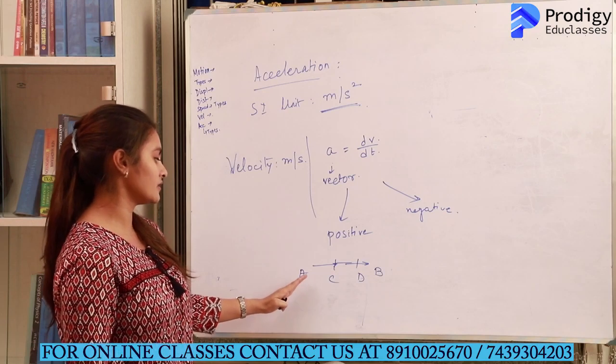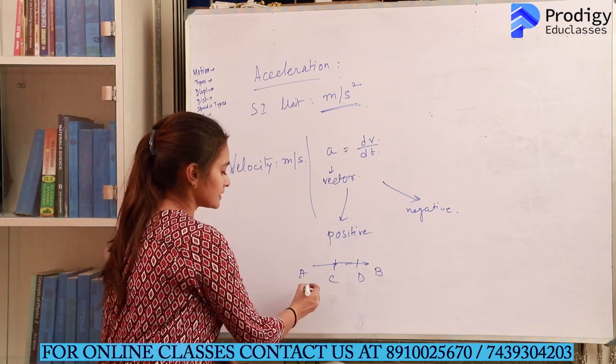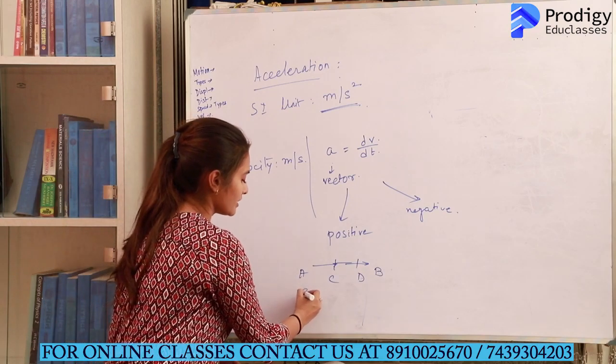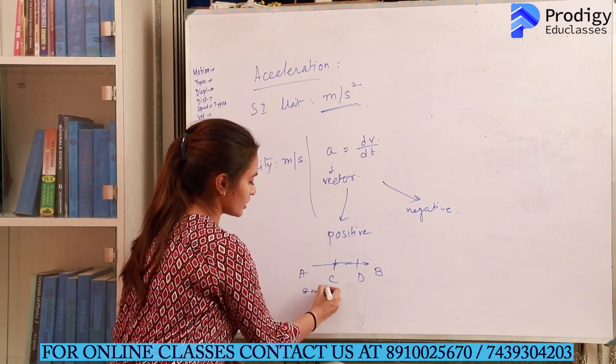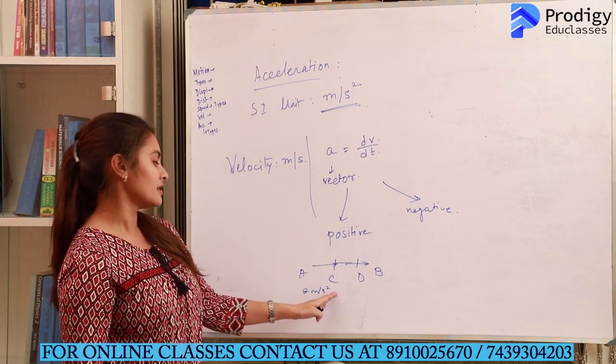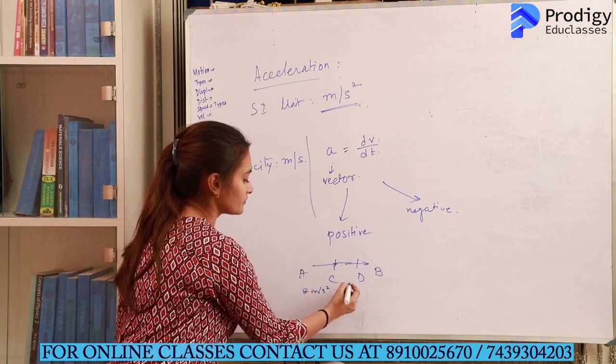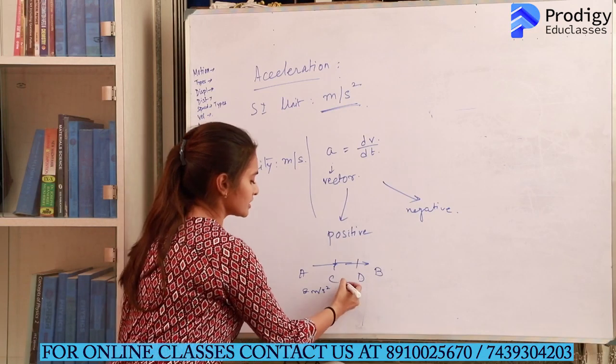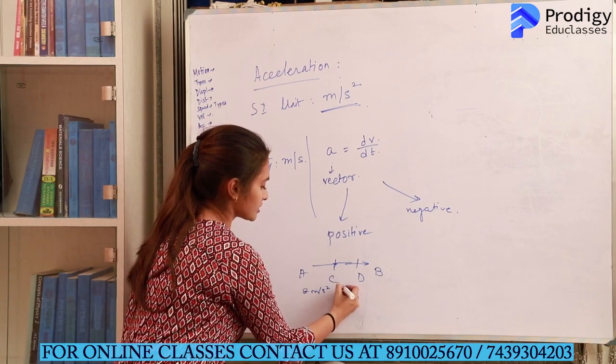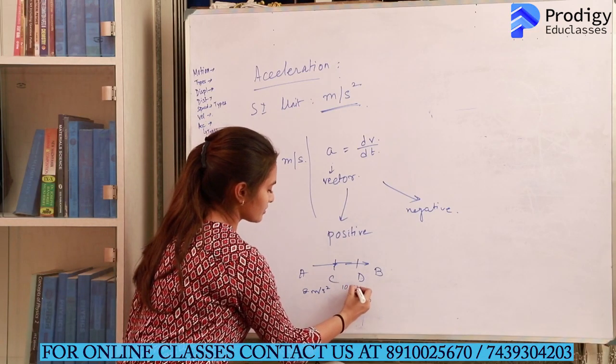Now the car has travelled from A to C at a certain acceleration of 8 meter per second square. Suddenly the car speeds up, increases its speed, and the acceleration becomes 10 meter per second square.